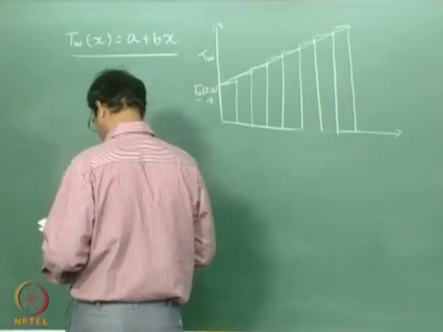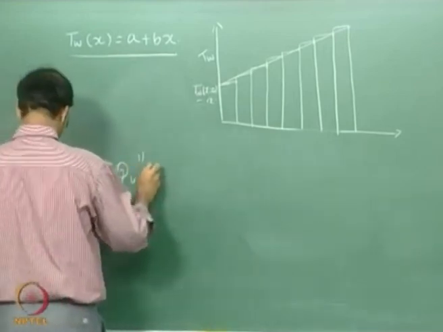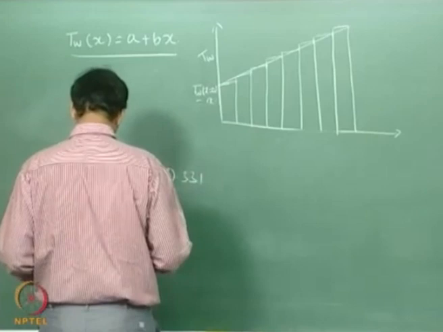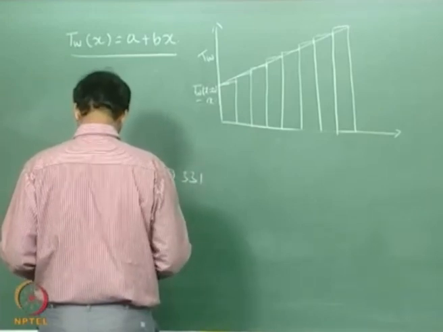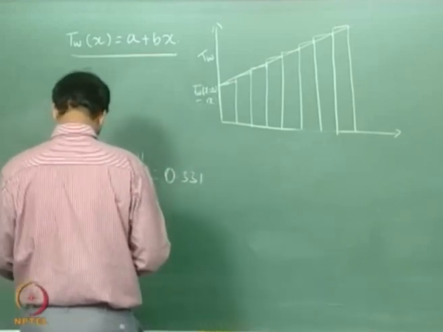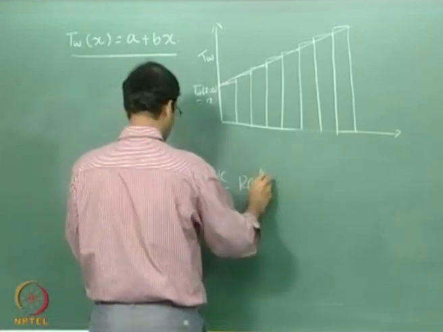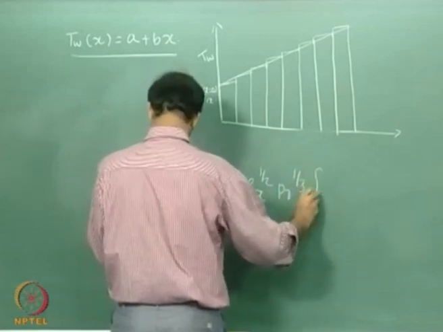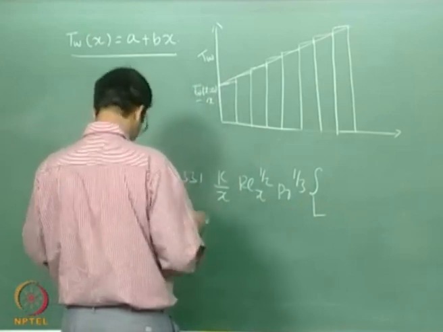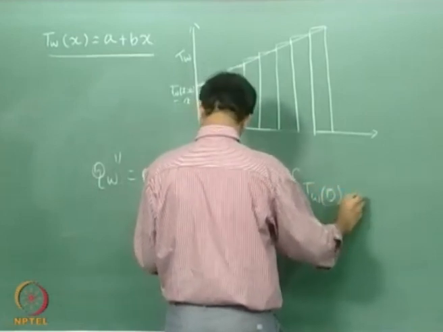So in that case you will have something like 0.331 into k by x Rex power half Pr power 1/3, so this will be T wall 0 minus T infinity.